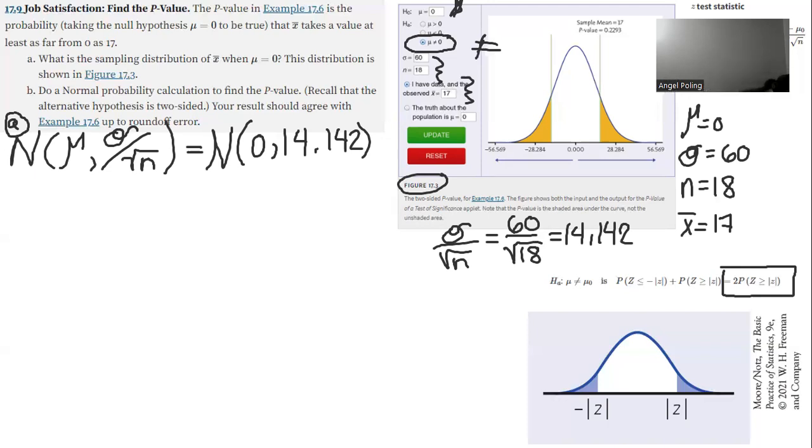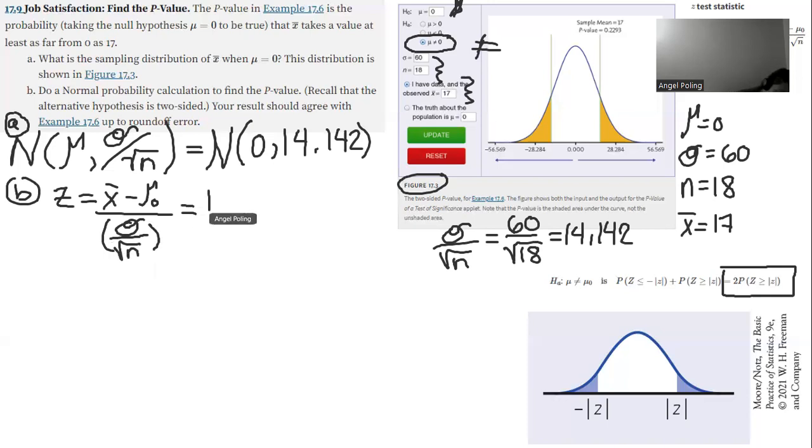Okay, so let's start with the z-score, right? Z is equal to x bar minus our mu divided by the standard deviation, sigma over root n. This is 17, take away 0, divide by 14.142.